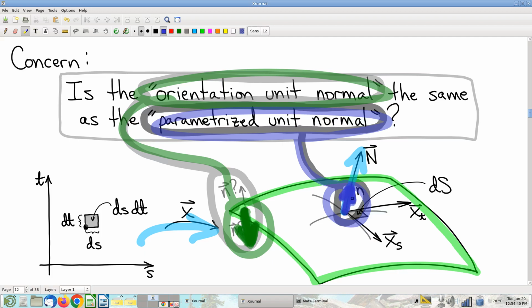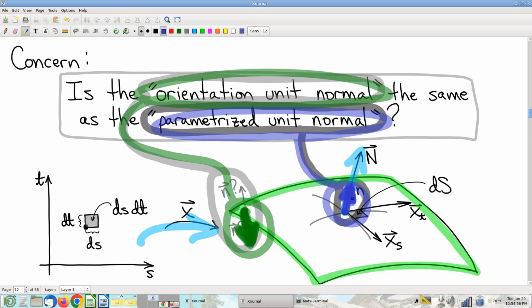They're completely disconnected from each other. The orientation unit normal is given. It could go either way. It's arbitrary in some sense, but it's given in the statement of the question.